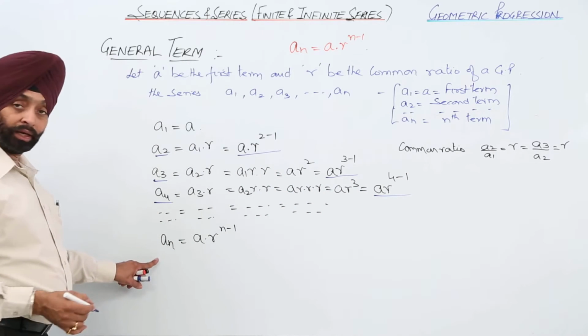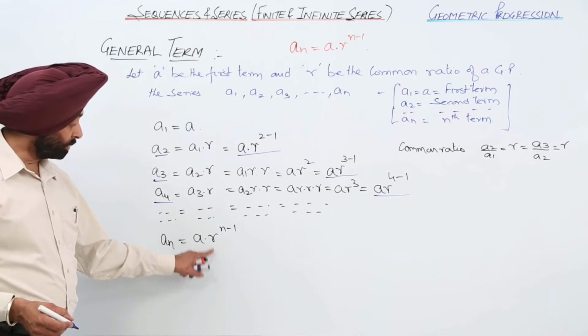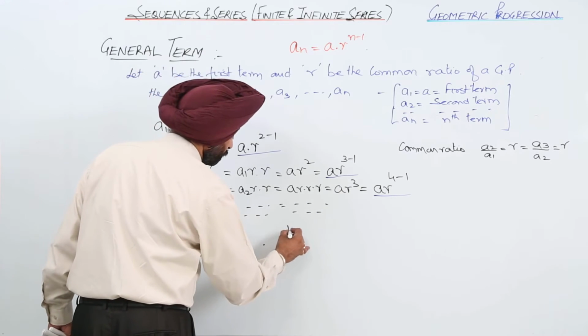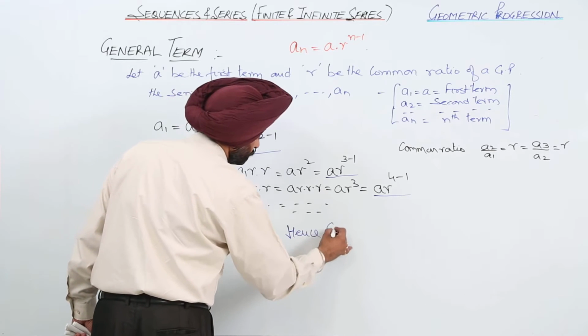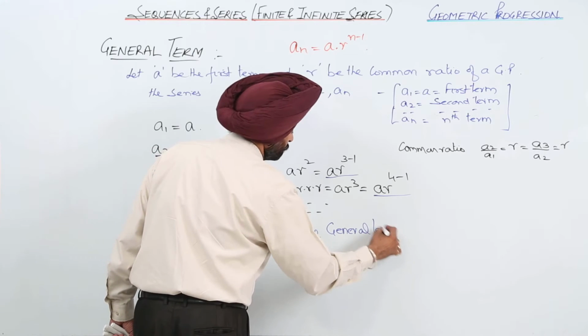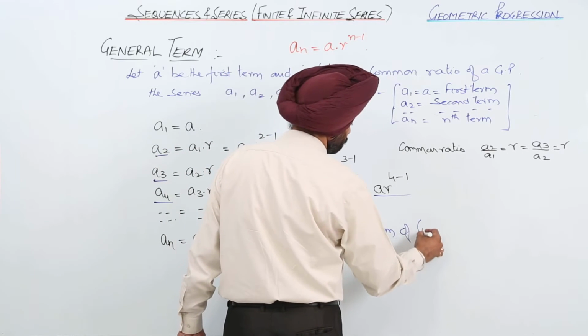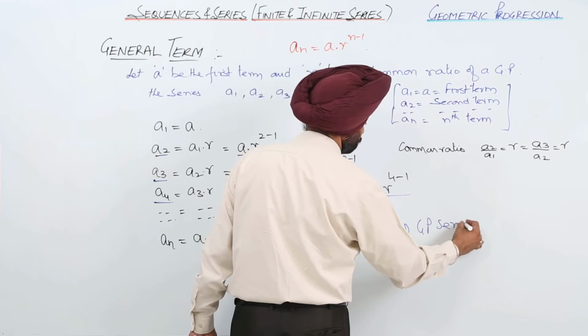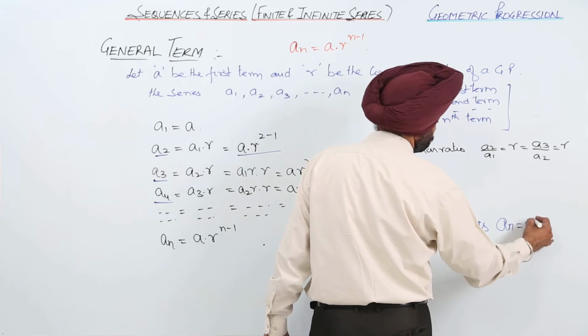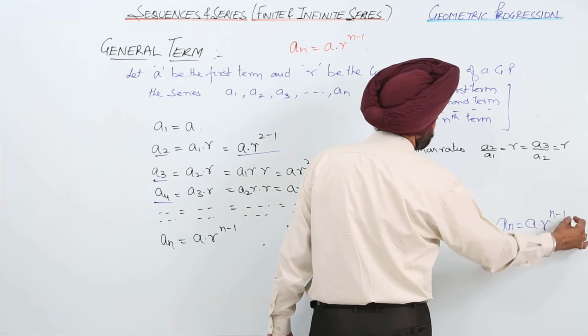Okay. Similarly AN is A times R to the power n minus 1. Hence the general term of GP series is AN is equal to AR to the power n minus 1.